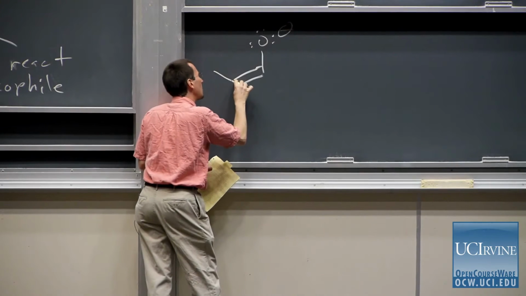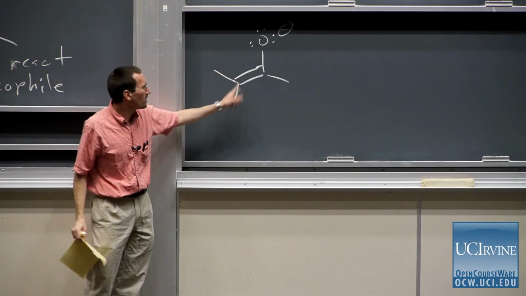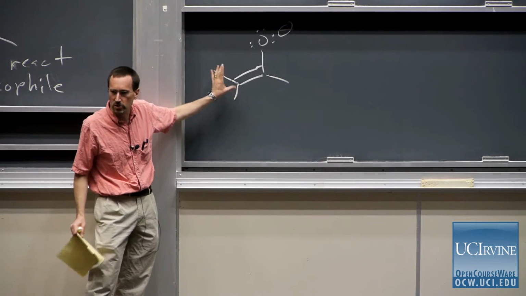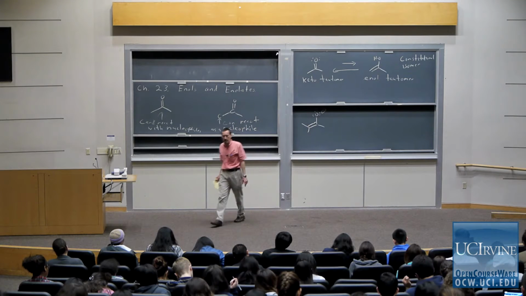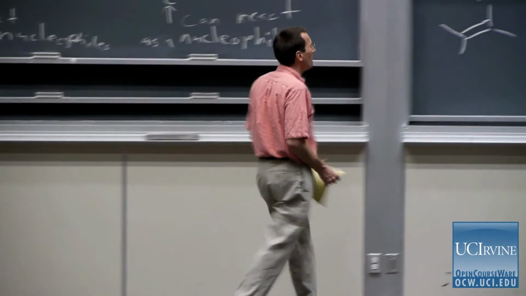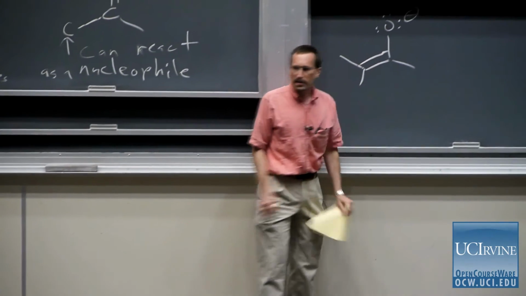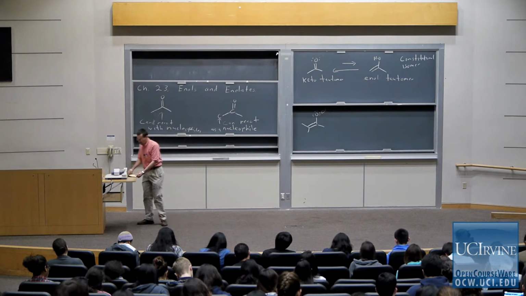And I'll be sort of semi-generic here. In other words, we could be acetone, we could be something else, but I want to show you that there are 2 substituents attached to the carbon of the double bond there, to what we call the alpha carbon. And the enolate anion can be thought of as having 2 different resonance structures.